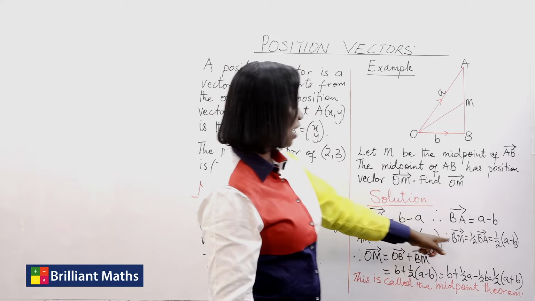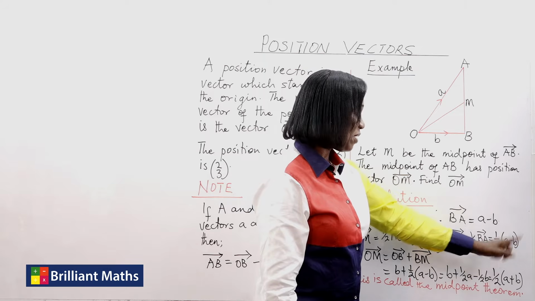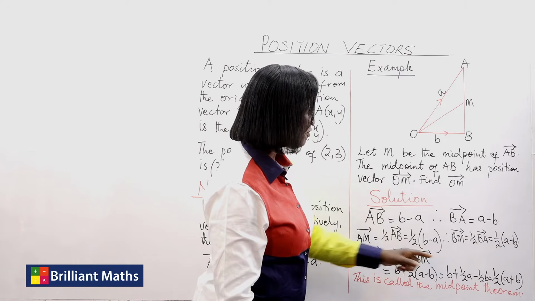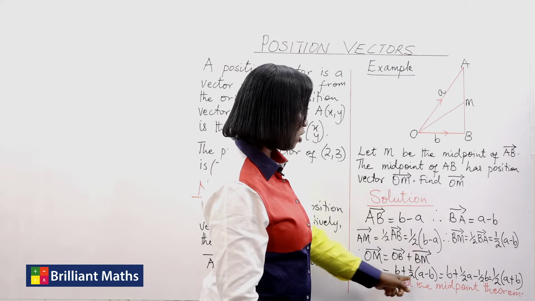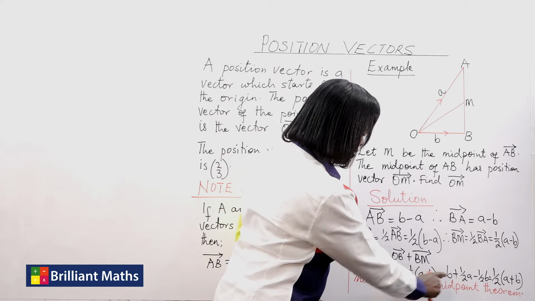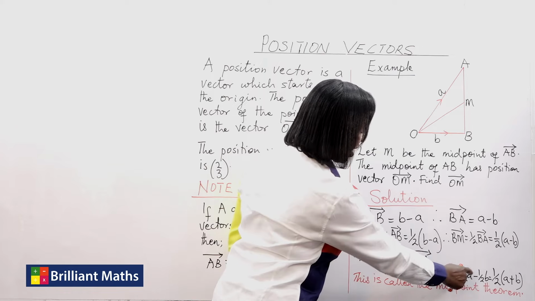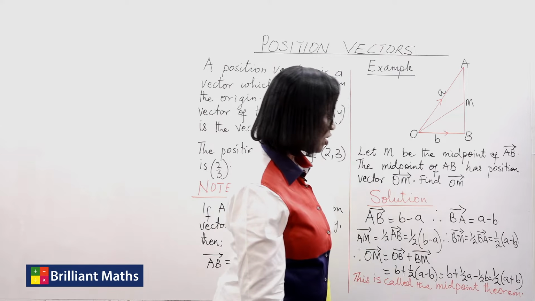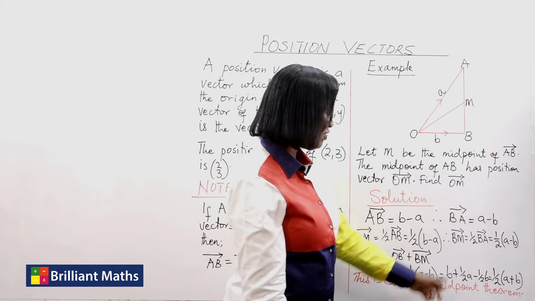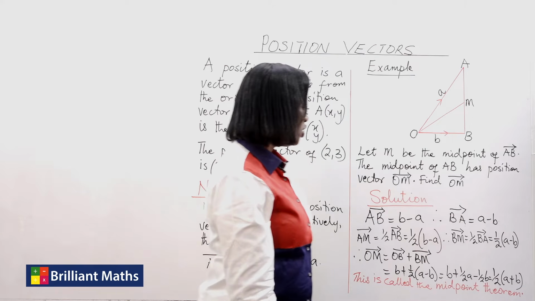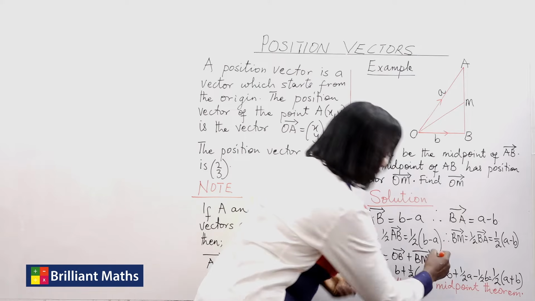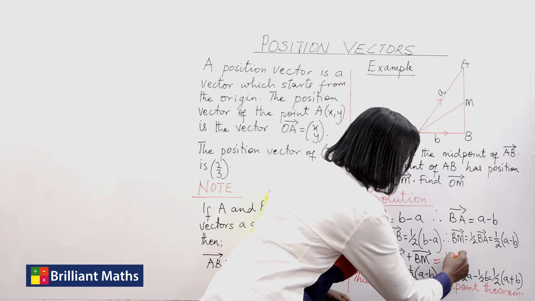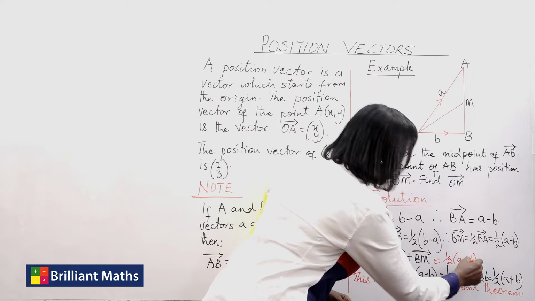So that's B plus half into A minus B. So we open up that bracket, we have B plus half A minus half B. So B minus half B would give us half B. So we have half A plus half B. So OM, the position vector of the midpoint, is equal to half into A plus B.